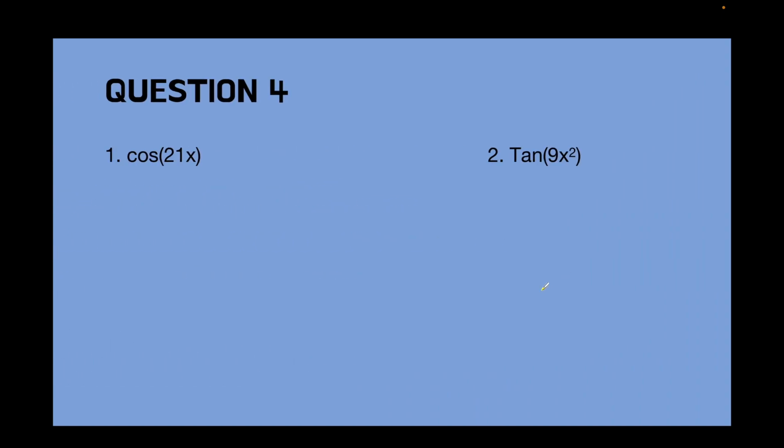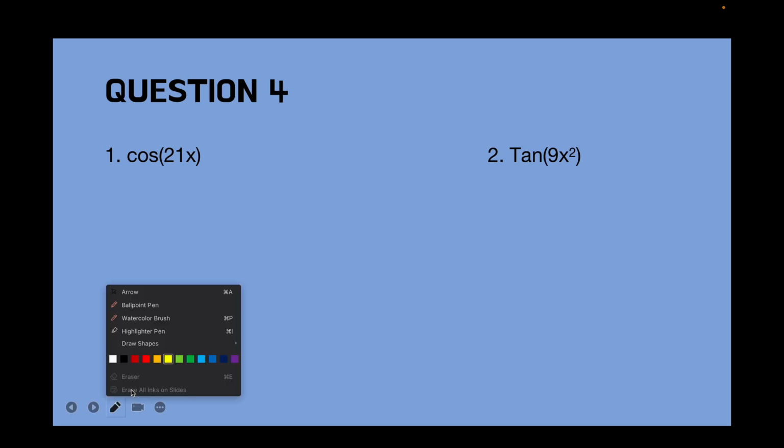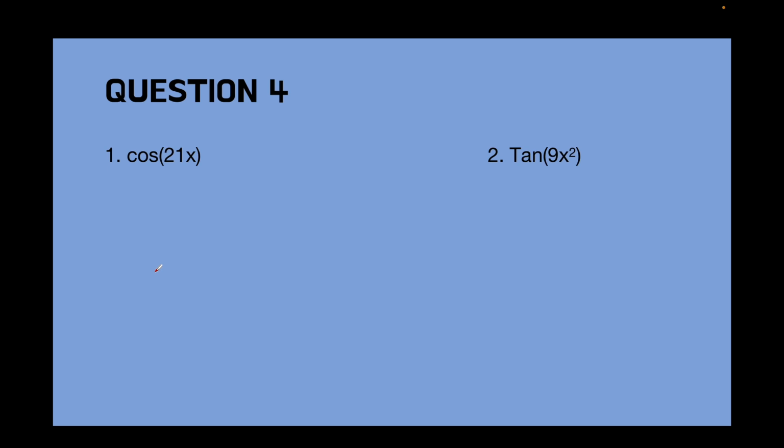Here are some more questions. Cos of 21x. Okay, you can actually do this on your own. It is similar to sin 2x. Now here is a quick trick. You can call it a trick or a formula, whatever you want, but I prefer you to remember this.